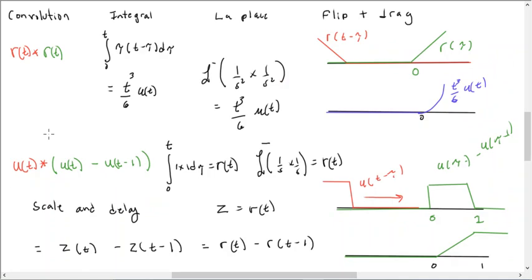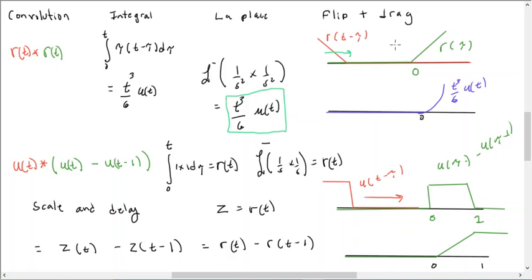Let's look at another shape that never comes back down, which is ramp convolved with ramp. Today isn't about how to do that. You can easily look this up on a table, and we get t cubed divided by 6 times the step function. So here's one ramp. Here's the other ramp that we've flipped and now we're dragging.